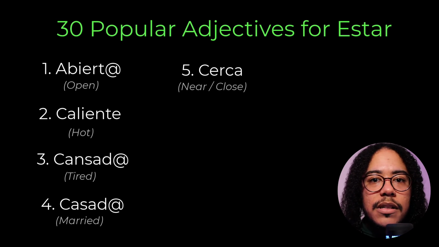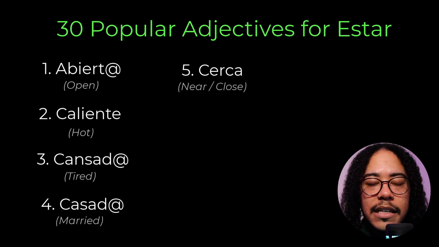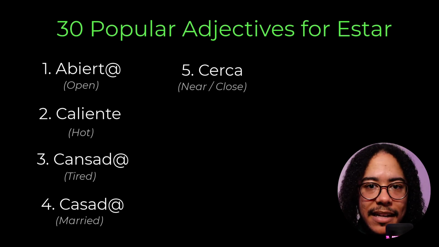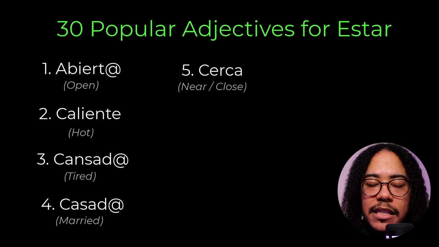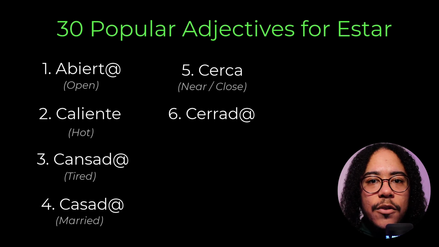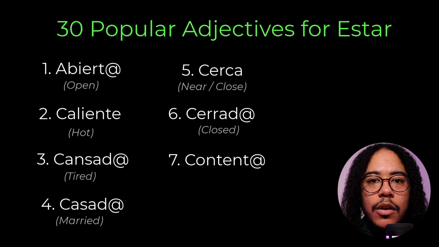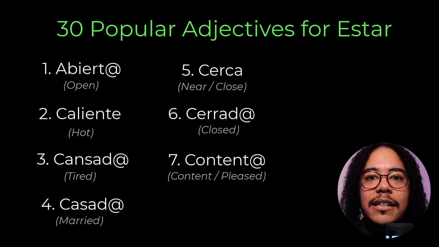So notice that this one does not have the @ sign on the end, and that's because it will not ever change. It's always going to be cerca, no matter if the noun is masculine or feminine. So don't try to make this cerco because that don't work. Cerrado or cerrada, closed. Contento or contenta, content.